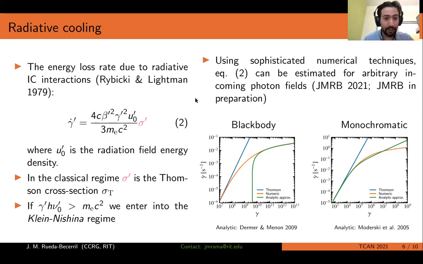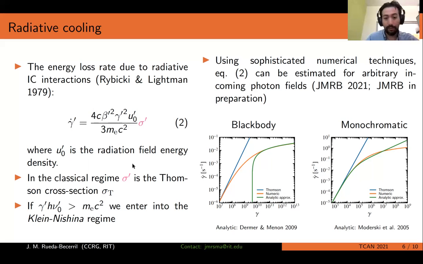So this is a very complicated process. Briefly, I'm going to step back a bit. Inverse Compton is a scattering process in which a highly energetic electron scatters a low frequency photon into a highly energetic photon.